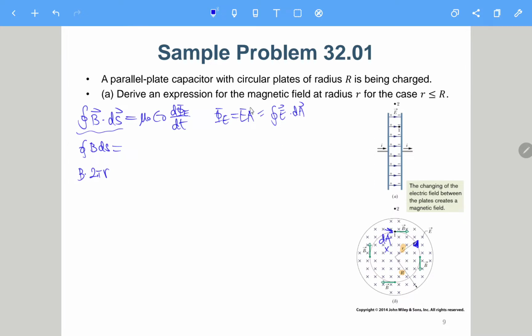Okay, so we can just put EA into here. So we have mu naught epsilon naught d(E times A)/dt. And of course, A is a constant, so we can also factor out A. So we have dE/dt inside.